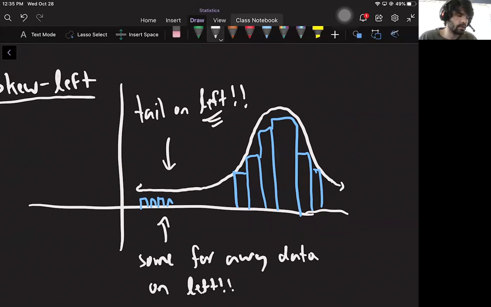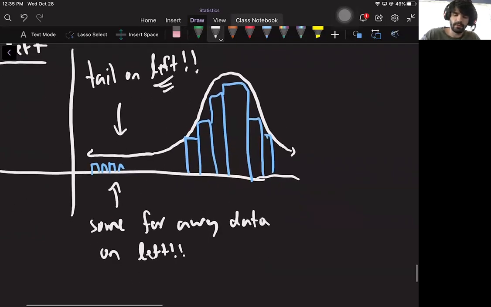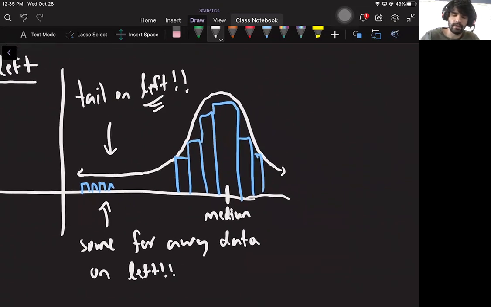And then what's interesting to think about is what happens to the mean and the median. As we've seen, the median will not get influenced by very far away data points. It'll still roughly be where the big crowd is, which is over here. But the mean will get influenced by very far away things. So in this situation, the mean will be a little bit lower than the median.